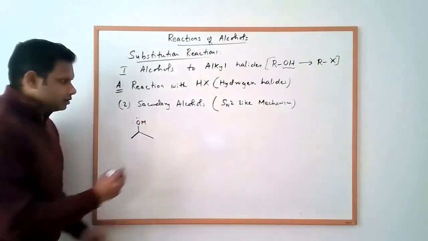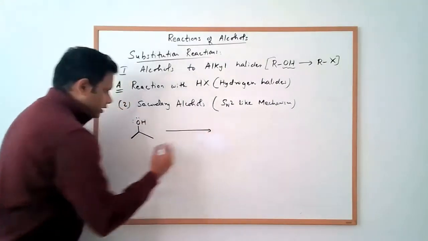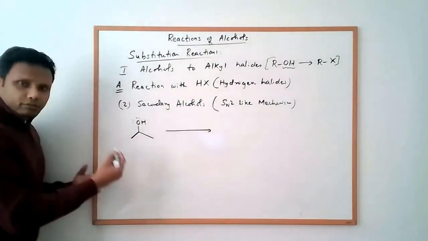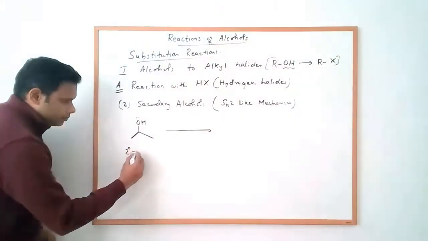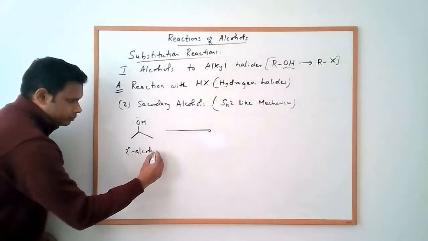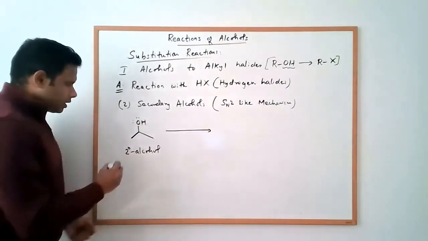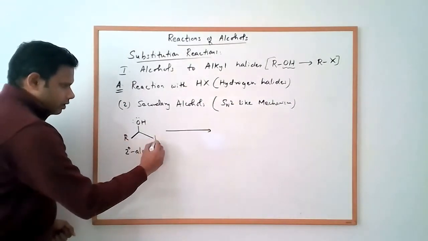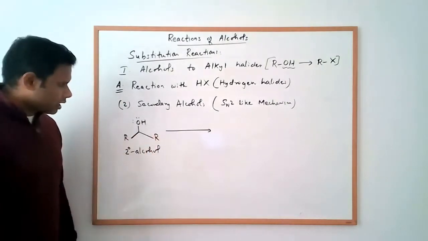and you react the secondary alcohol, and again, this is an example of a secondary alcohol, and I can put R groups here just to make it a general alcohol.